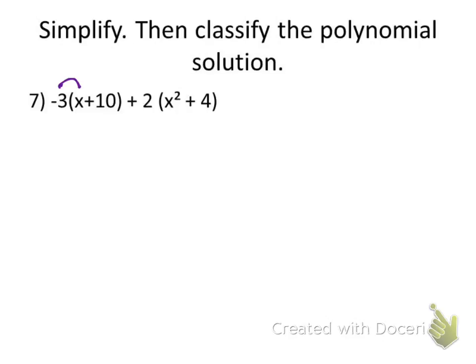We are going to distribute the numbers in the front of the parentheses. So I'm going to write it out step by step. Actually, put a plus sign right there.